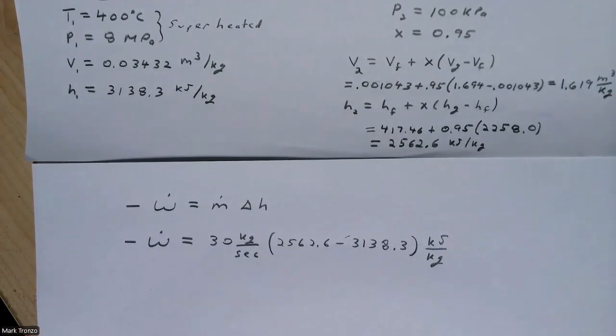When you put these into your calculator, you get negative 17,272.